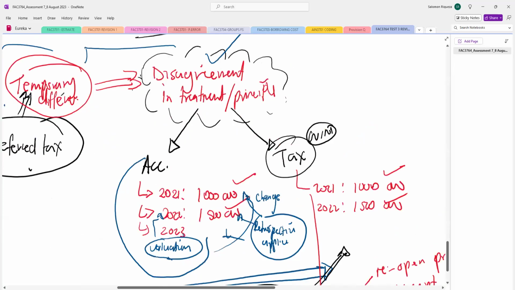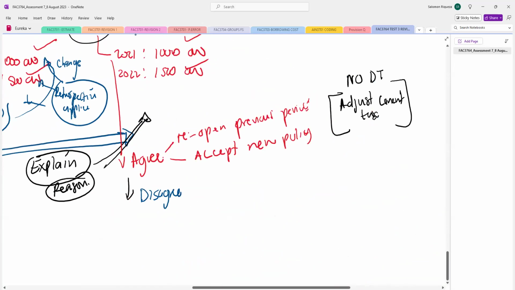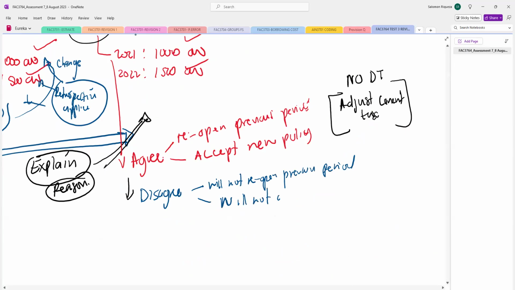So if they disagree, they will not reopen previous periods, or they will not accept the new policy.